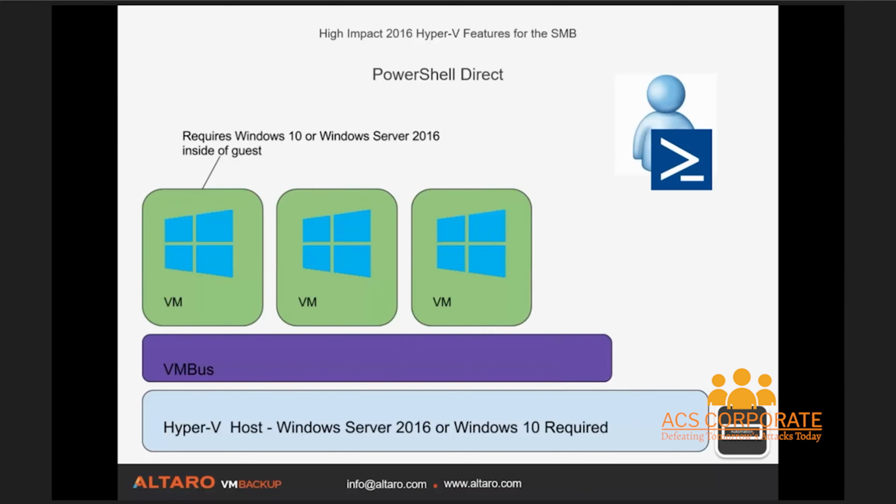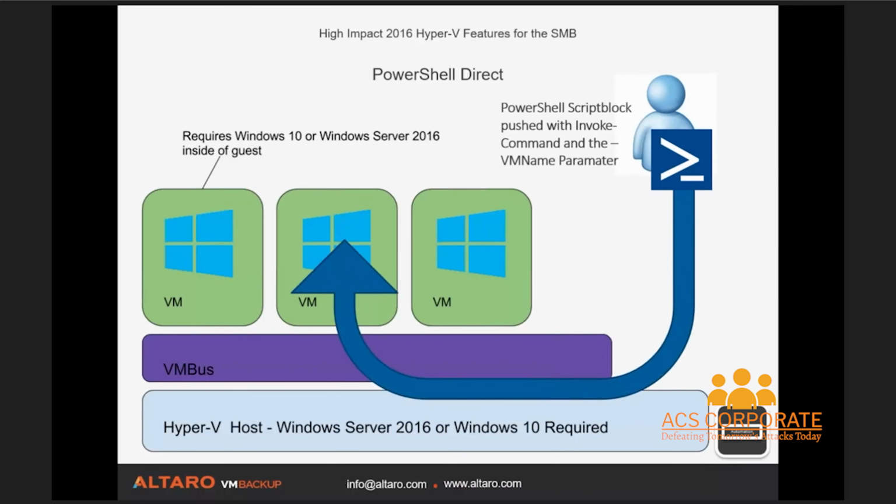So if I'm a user here and I've got a PowerShell workload that I need to get to one of these virtual machines, and let's say these 3 virtual machines have no network connectivity right now, but I still have to get this PowerShell workload into that virtual machine, PowerShell Direct allows me to send that script through the hypervisor, across the VM bus, and into the virtual machine.